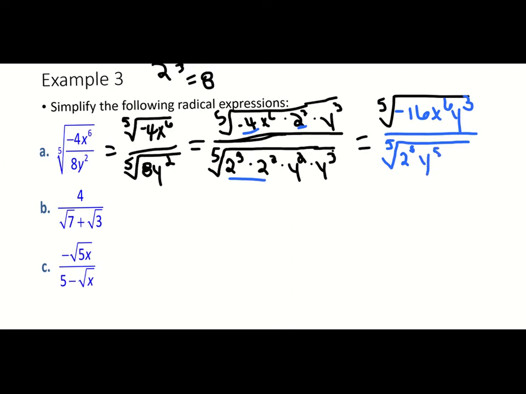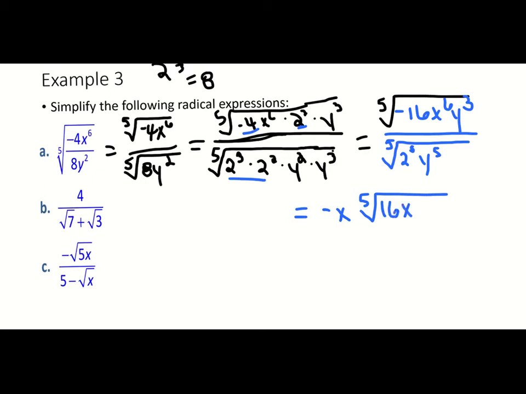So when I go to simplify that, on the top, negative 16, there's really nothing I can pull out of that, other than I could pull out that negative sign, like a negative 1, because the 5th root of negative 1 is negative 1. And then x to the 6th, I know 5 will go into 6 one whole time. So I'm going to pull out a negative x, and then I will have the 5th root of 16.